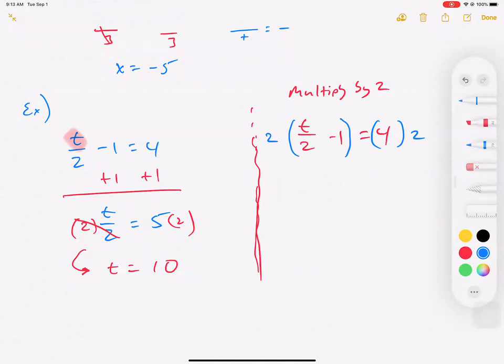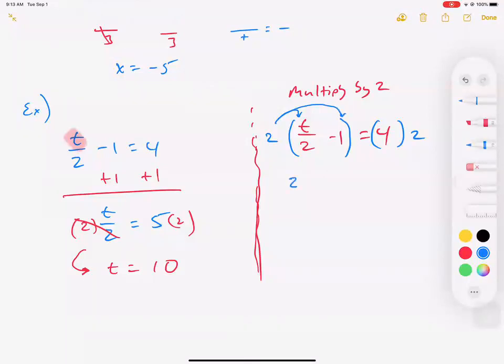I'm using a parentheses right now. So when we use a parentheses, we want to distribute the 2 to both sides. Sorry, to everyone inside the parentheses. So I'm going to write it out.